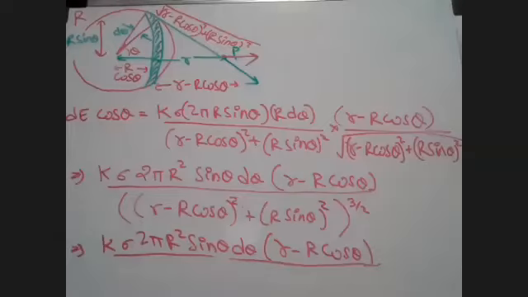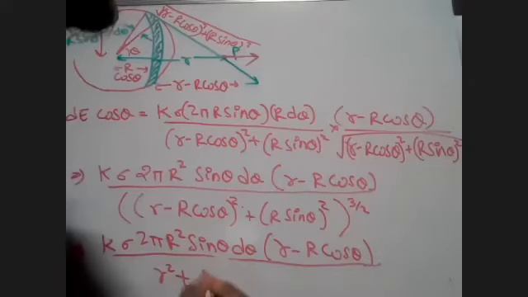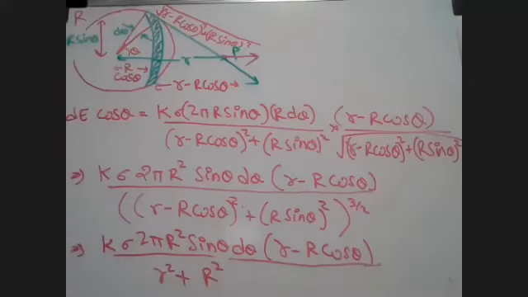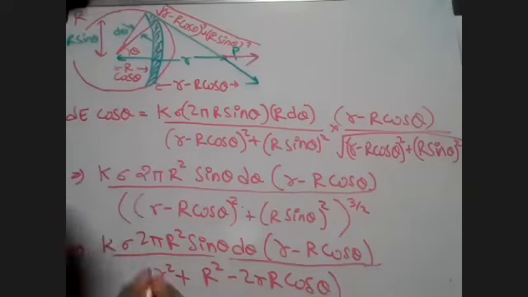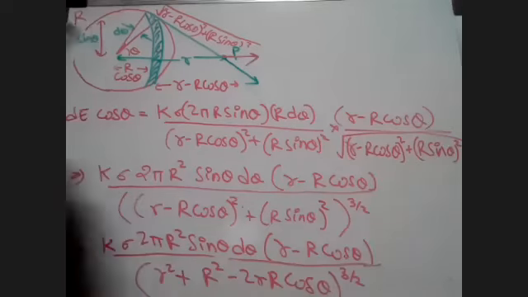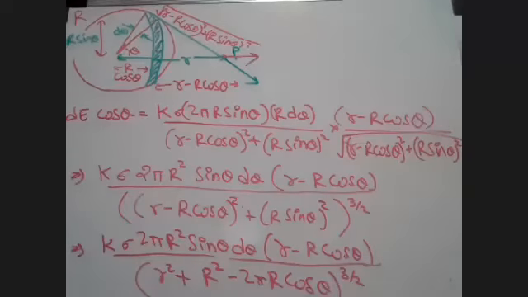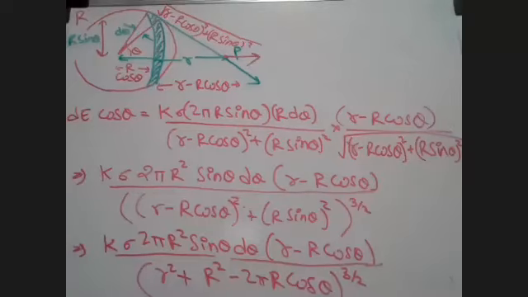What we basically end up getting is r square plus capital R square minus 2 r R cos theta, whole raised to 3 by 2. So ultimately we have simplified the denominator.